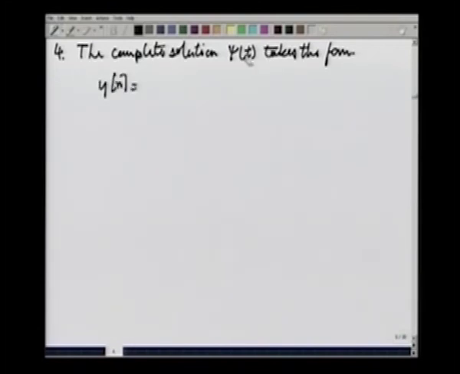Oh, it is not psi of t, sorry, this is psi of n, a hangover from our differential equation days. y n equals psi 0 of n plus summation c k r k to the power n, as k goes from 1 to n, where c k are the arbitrary constants.